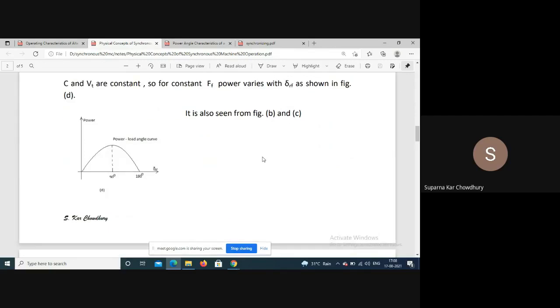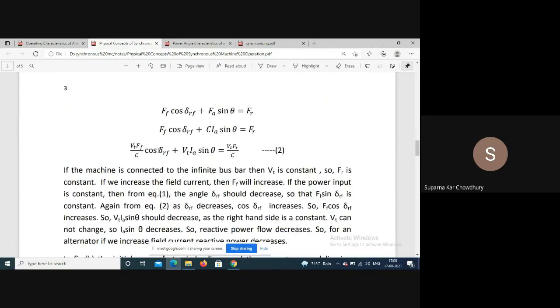But if del RF decreases, cos del RF will increase. So FF cos del RF will increase. But again, the right hand side is constant. So if this quantity increases, this should decrease. What is this? Vt Ia sin theta.